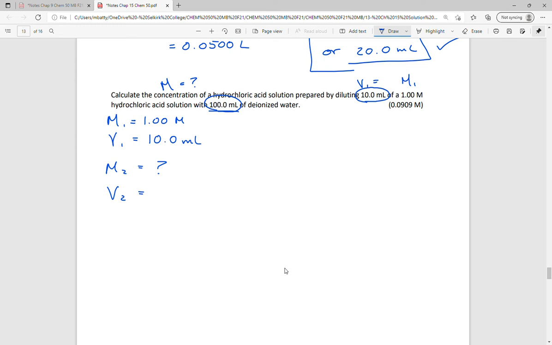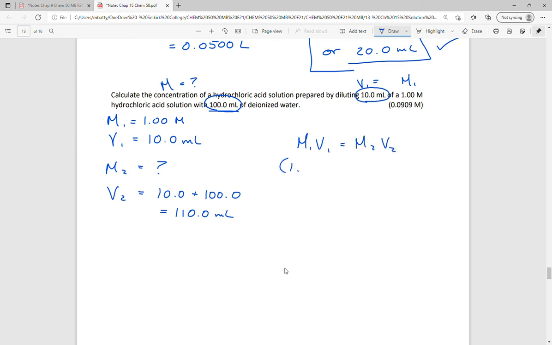So my V2 is that 10 mils plus my 100 mils, right? My V2 is 110 milliliters. That takes a little bit of thinking as you read through this question. So my equation is M1 V1 equaling M2 V2.